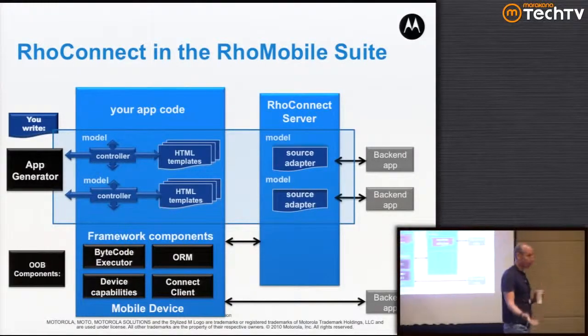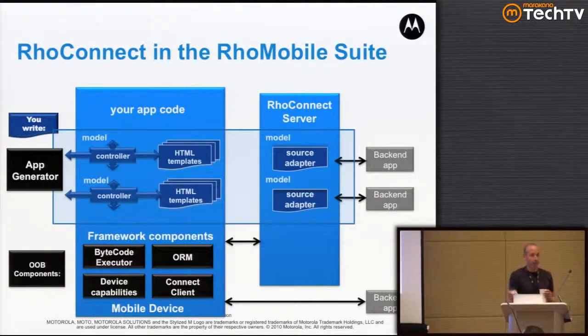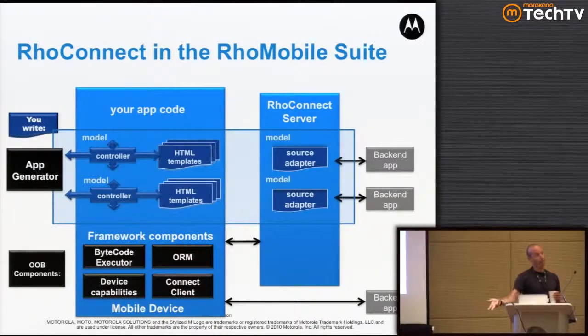You're not doing any parsing, you're not doing any explicit connections to the back-end system. You just say, hey, I have some data in my ORM, and now you can make object calls like asset.find or account.find or product.new in your inventory app to create and read that data.